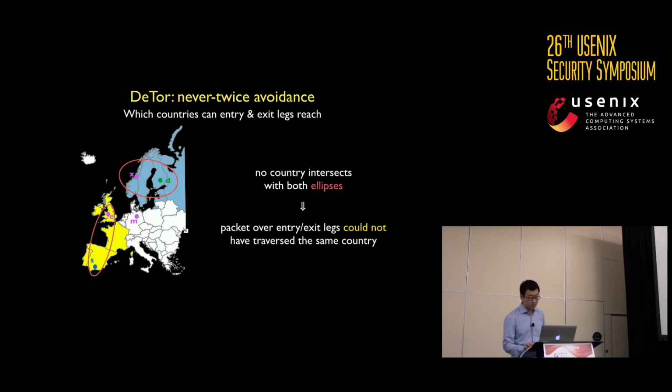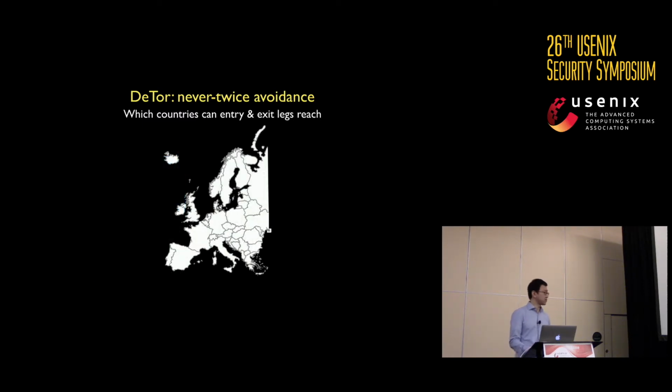Let's look at another example, however. In this case, we have a source, destination, and three nodes. The ellipses are like this, and the ellipse for the entry leg will intersect with this set of countries, and the ellipse on the exit leg will intersect with these countries.